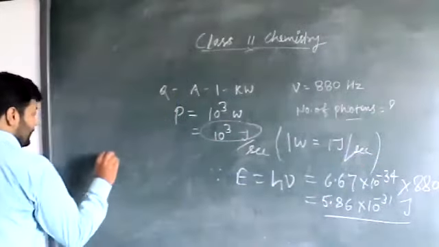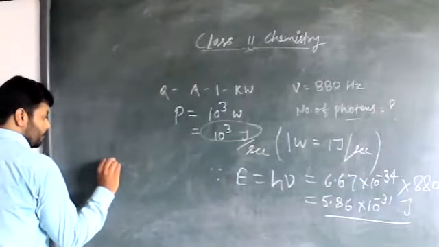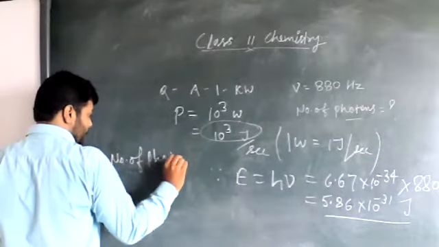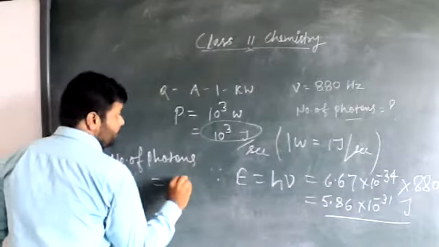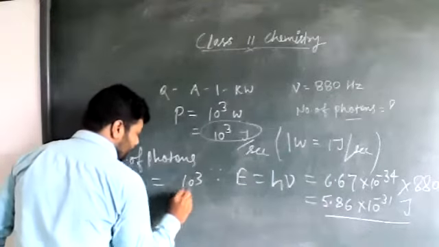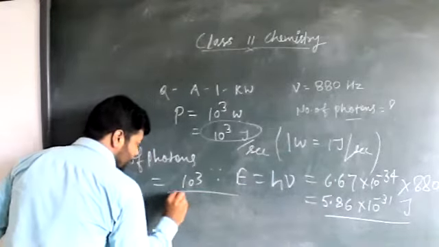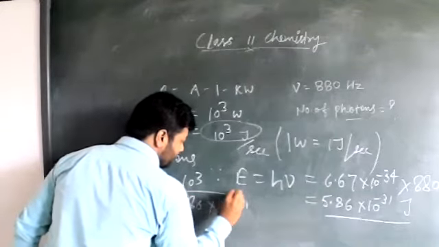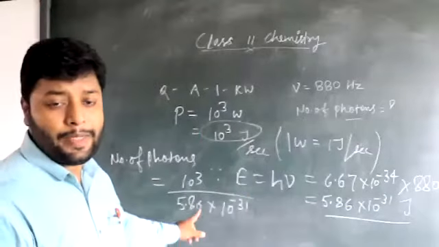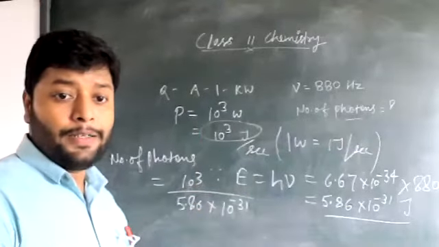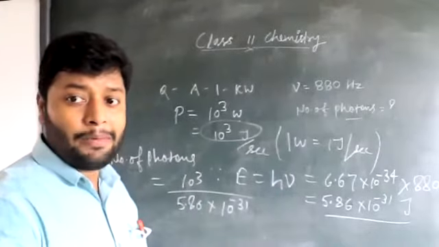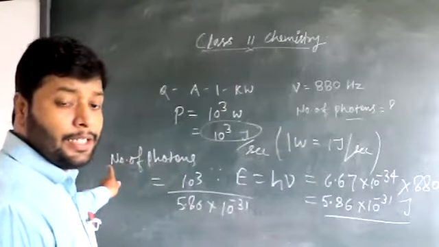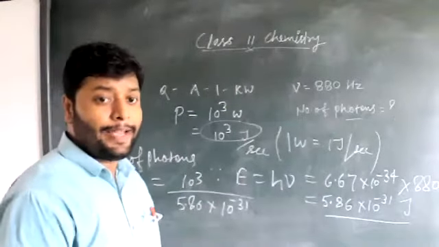So the number of photons will be 10 to the power 3 upon 5.86 times 10 to the power minus 31. On division, we will get the number of photons. Just divide it.